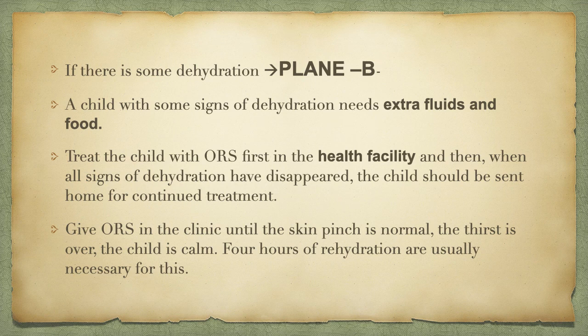We have to treat the child firstly with ORS in a health facility, and then when all signs of dehydration disappear, the child can be safely sent home with continued treatment. We give ORS in the clinic until the skin pinch is normal, the thirst is over, and the child is calm. About 4 hours of rehydration are usually necessary to achieve that.